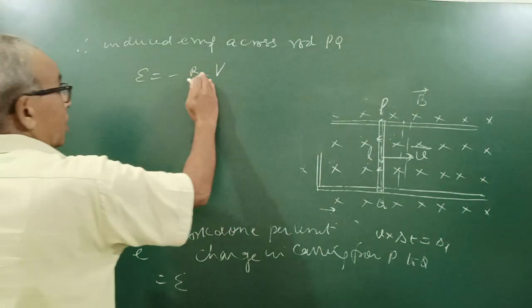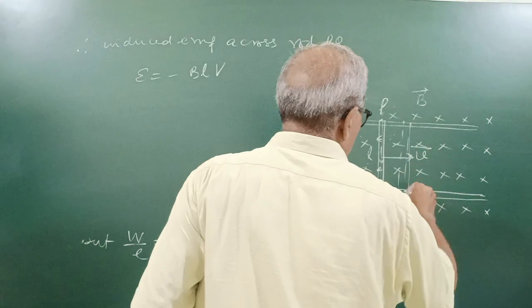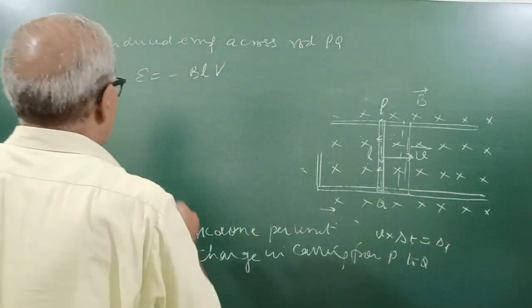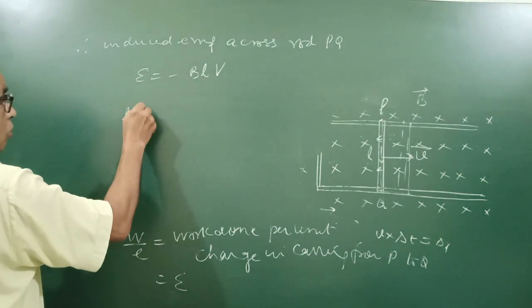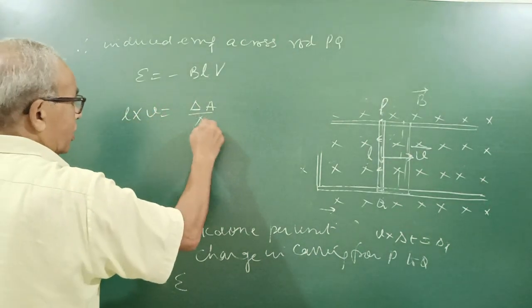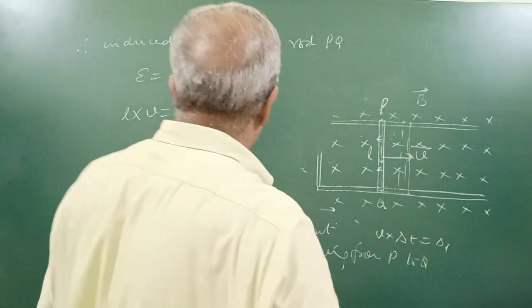L into V, this is L, V the velocity. If V is the velocity, it means V distance has been moved in 1 second. So here L into V equal to delta A upon delta T, the area travelled by rod PQ per unit time.